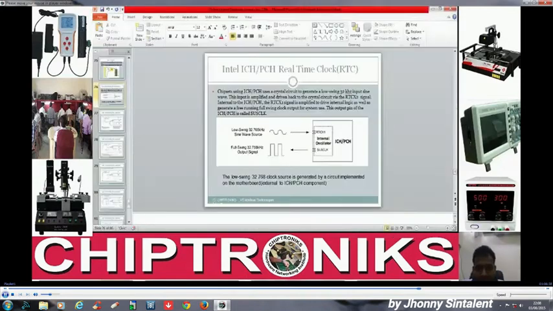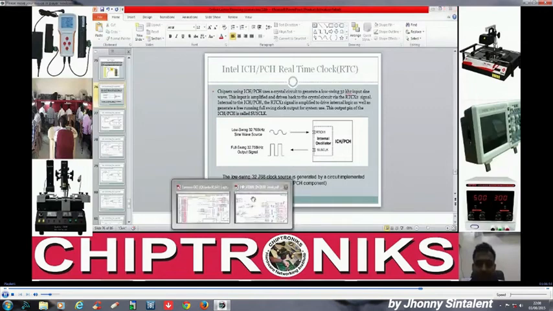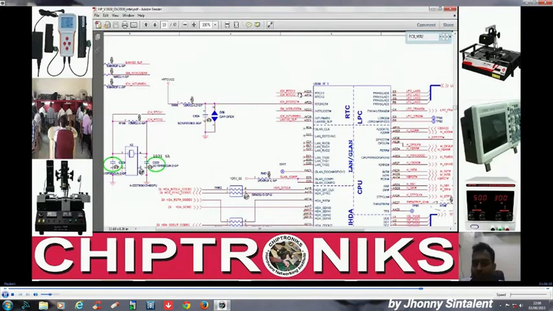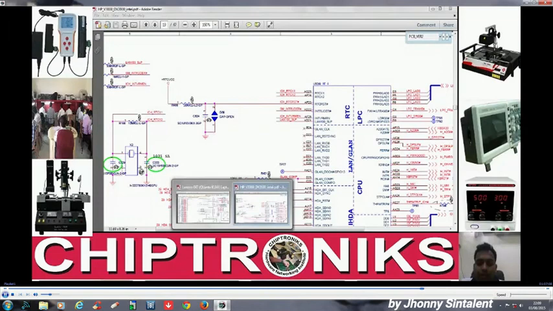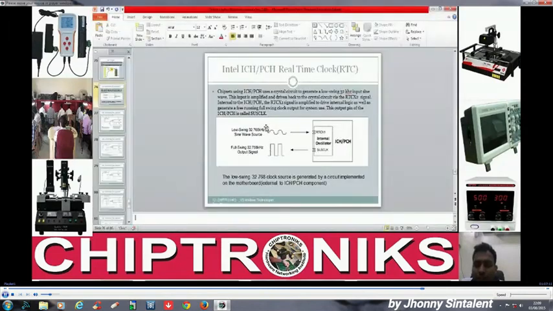So what we are discussing is that the chipset ICH PCH uses a crystal circuit to generate a low swing 32 kilohertz input sine wave. When you use the probe of an oscilloscope to see the waveform over here, you will find a low swing, low amplitude sine wave.